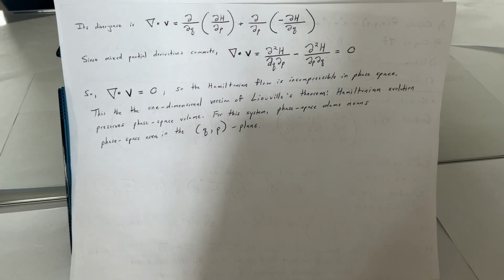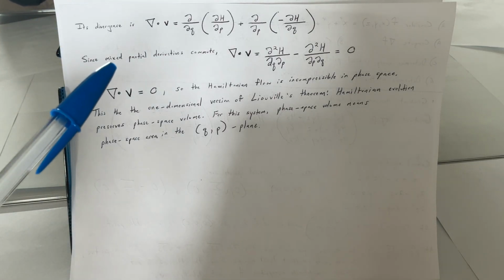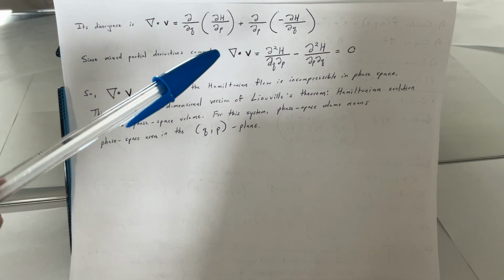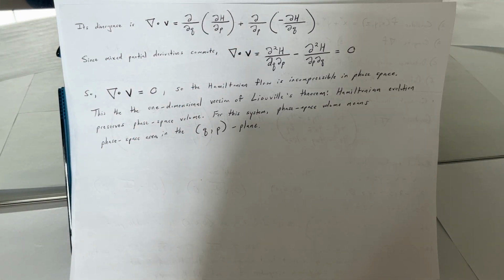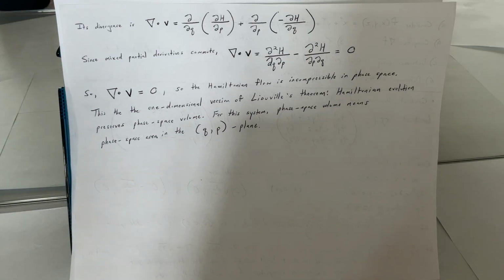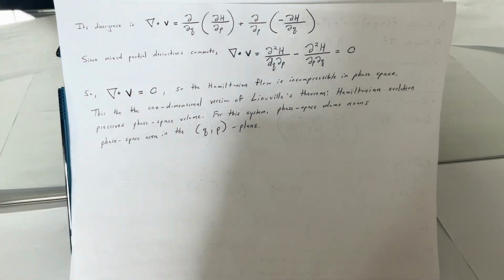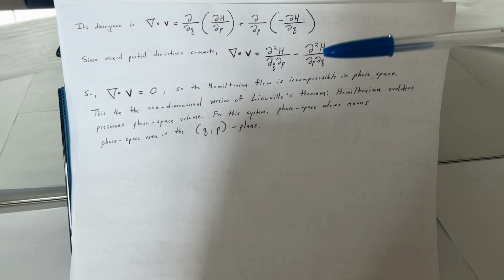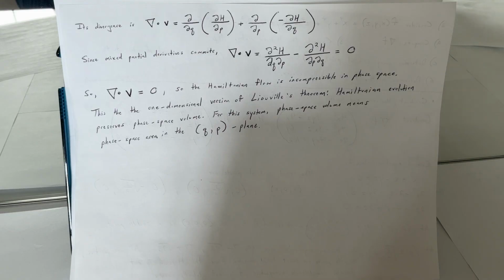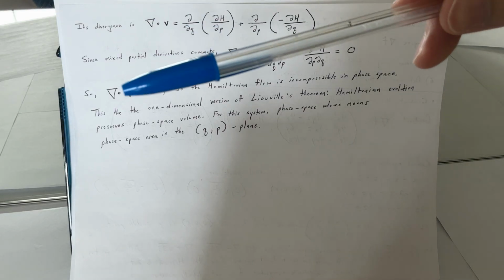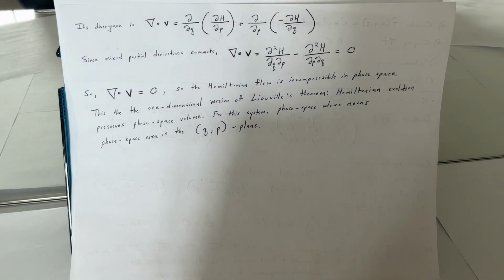And since these mixed partial derivatives commute, del dot V equals the second partial derivative of H with respect to q and p minus the second partial derivative of H with respect to p and q, and that comes out to 0. So del dot V equals 0. So the Hamiltonian flow is incompressible in phase space.